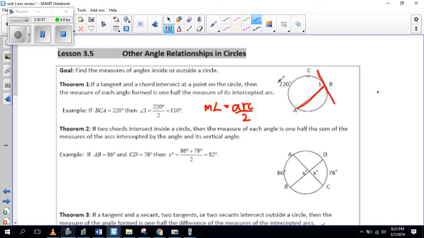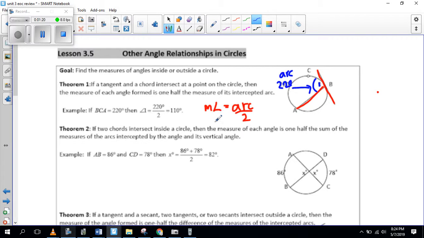So if you see here, they gave us 220. And 220 is on the outside, so we know that has to be the arc. And they want us to find number 1, which is an angle. So the quick way to say, we're going in, so we should begin smaller by 2. But if you can't remember that, your formula is arc divided by 2.